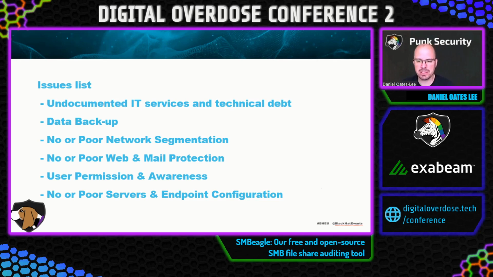Network segmentation is another one. People in finance being able to access applications that shouldn't be accessed by them, or the HR team accessing stuff that only the finance team should have access to, those kinds of things. Poor security around web and mail protection.